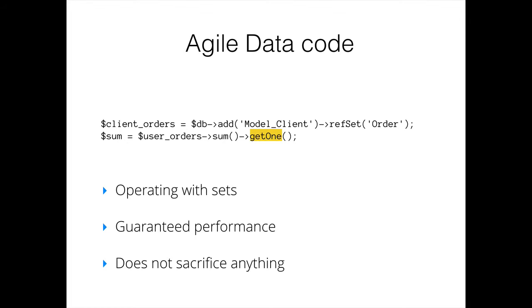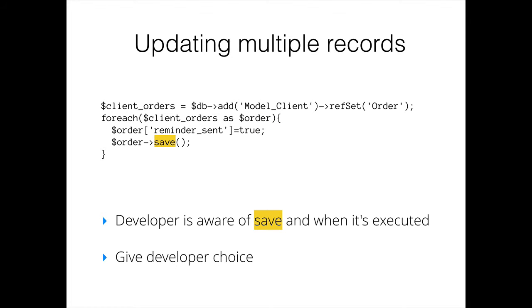So no sending of IDs or other information back and forth. We just carefully prepare the query and send it. So this is like a query builder, but it uses the intelligence of the models. It has guaranteed performance, and doesn't sacrifice anything.